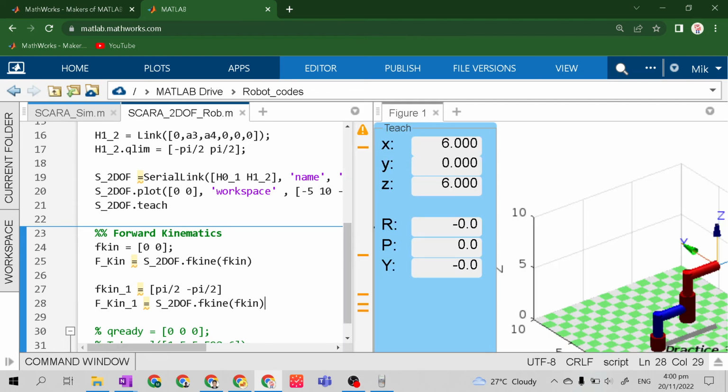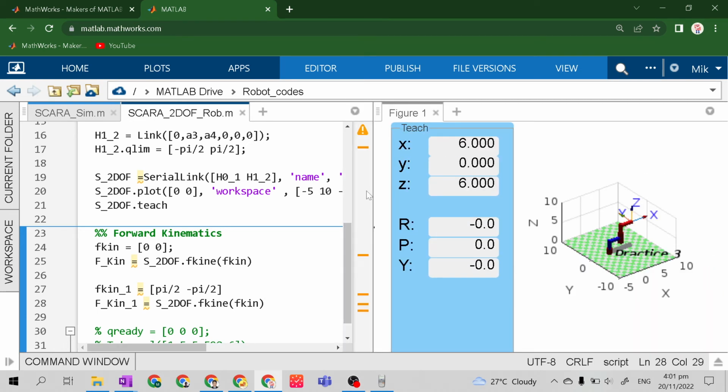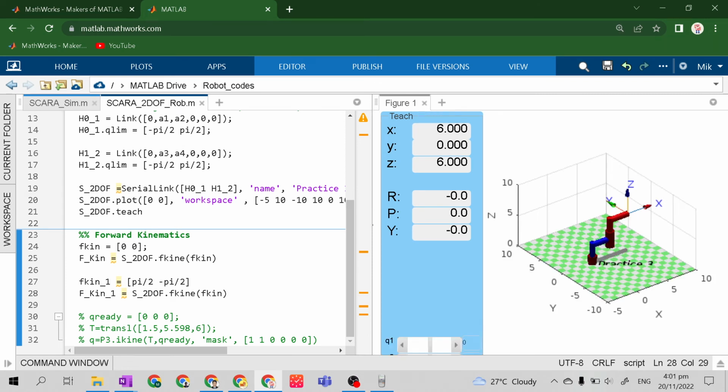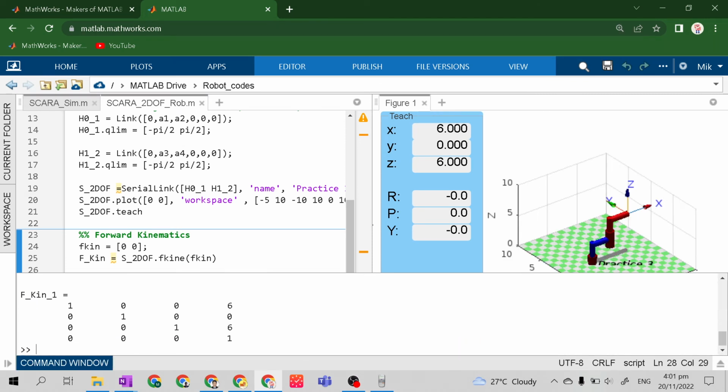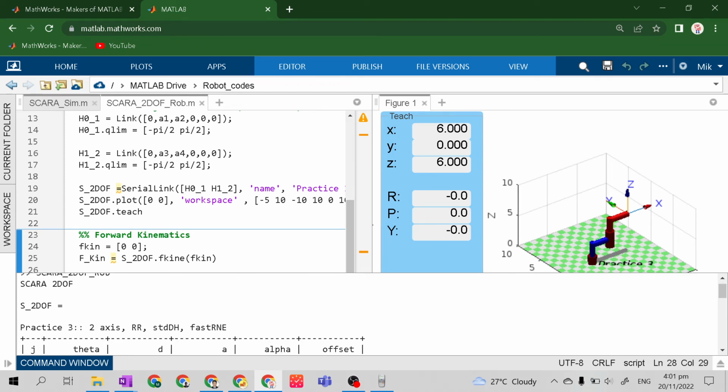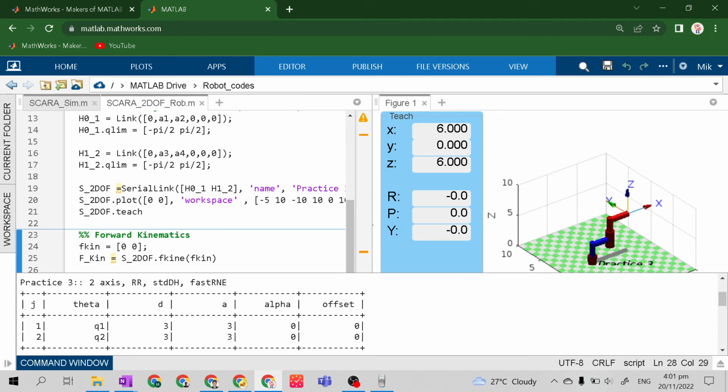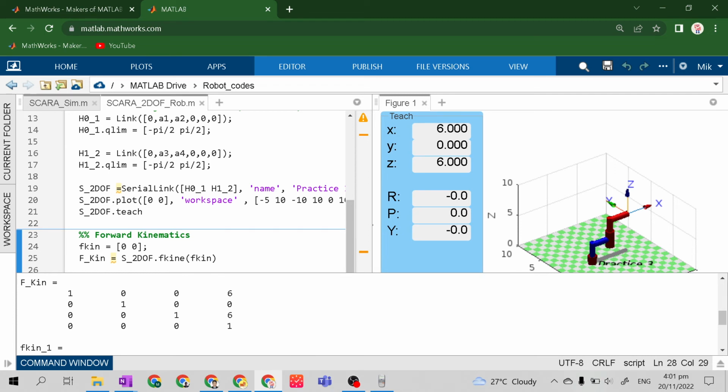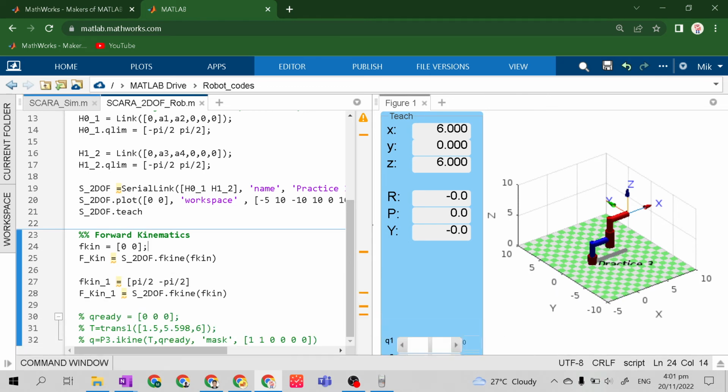we have here again our simulator, and inside our command window we will see first the homogeneous transformation matrix created by the robotics toolbox with the command fkine, where the variable holds the joint variables 0 and 0.